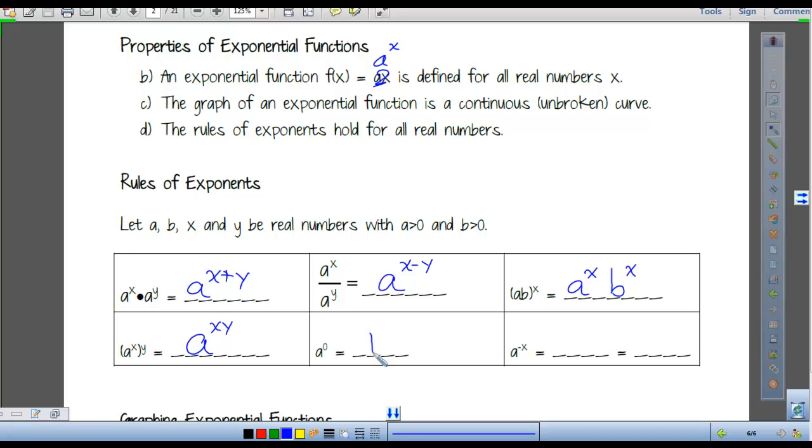And then a to the negative x is equal to what? 1 over a to the x, or we could write that as 1 over a, to the x, taking advantage of our quotient rule.